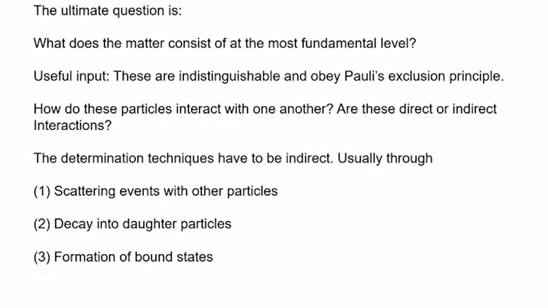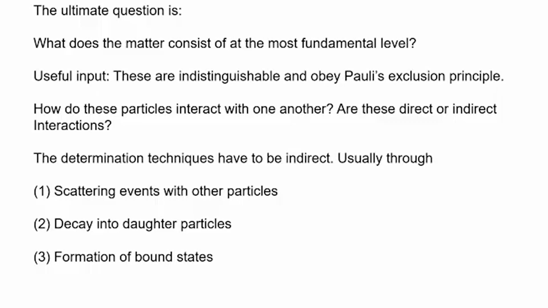So, the ultimate question which one would like to answer is: what does matter consist of at the most fundamental level? We asked this question even during the nuclear physics lectures, and we came up with the electron, proton and neutron and so on.